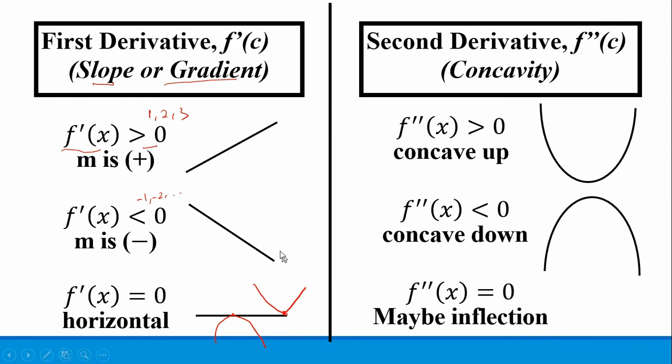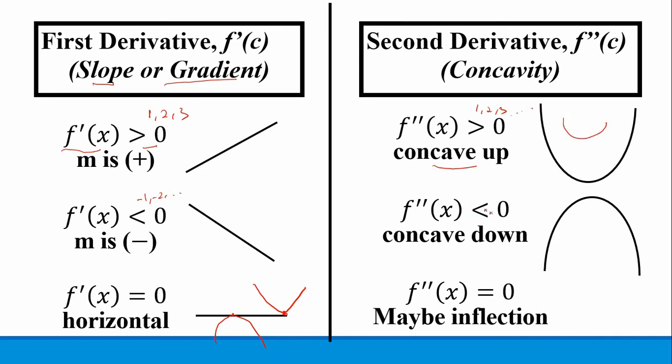For the second derivative, a similar concept applies. If the second derivative is greater than 0, meaning 1, 2, 3 and other positive values, it is concave up, which looks like a smile.